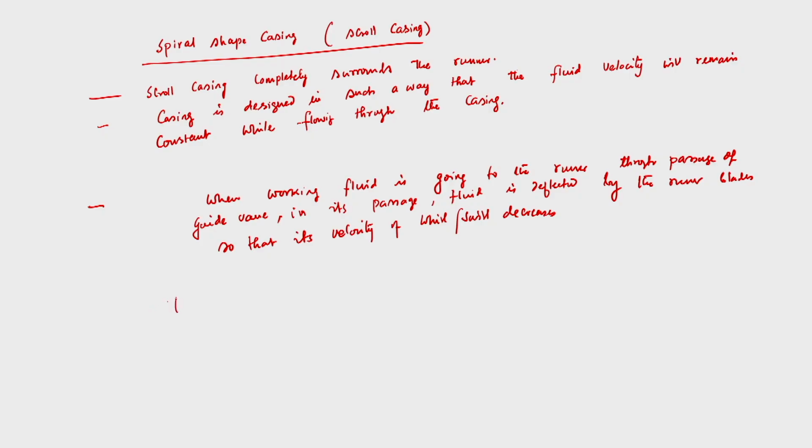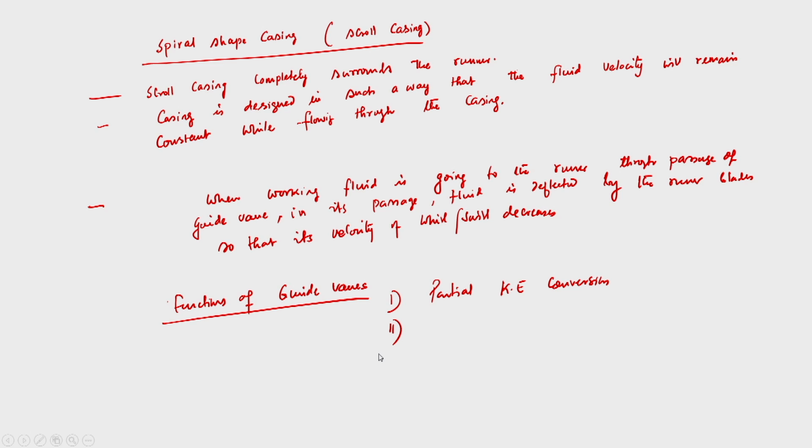What is the function of guide vanes? Very important. Number one: essentially partial kinetic energy conversion, not full but partial; that is, part of the overall head will be converted to kinetic head, or velocity head.